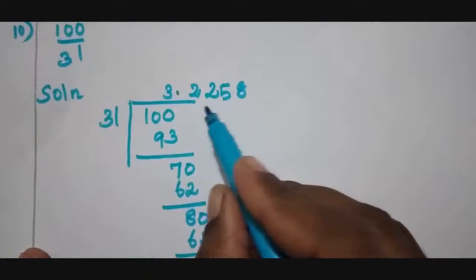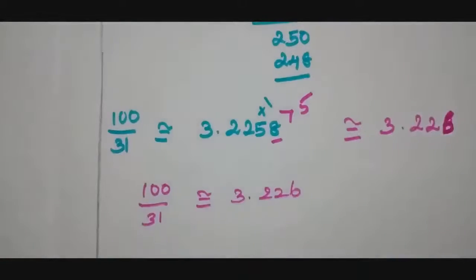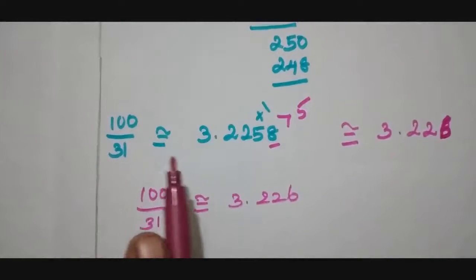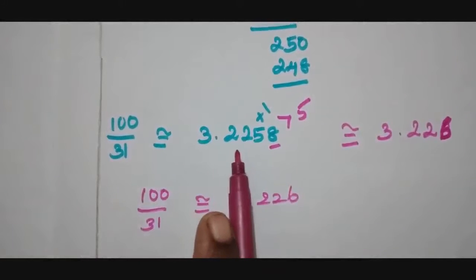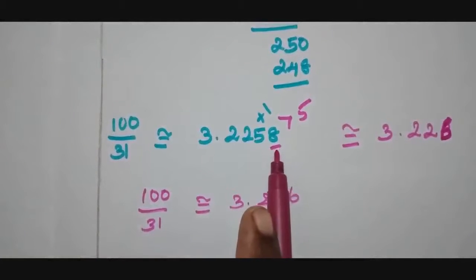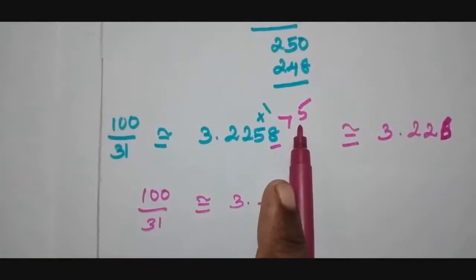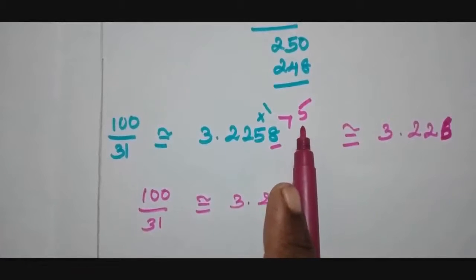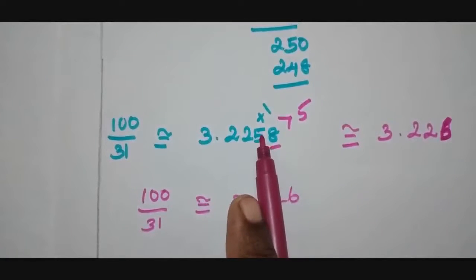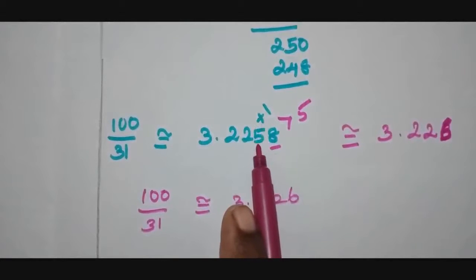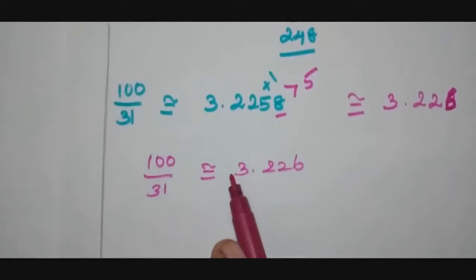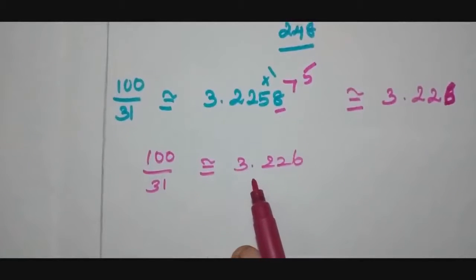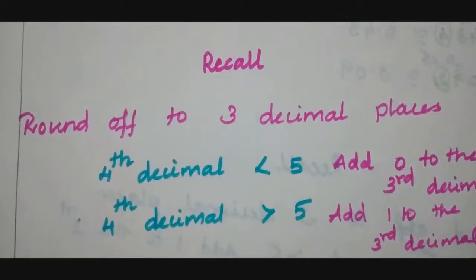So you can stop it here itself. 100 by 31 is approximately equal to 3.2258. Now look at the fourth digit. This is greater than 5. So if it is greater than 5, what we have to do? Yes, we have to add 1 to the third digit. So this is approximately equal to 3.226.